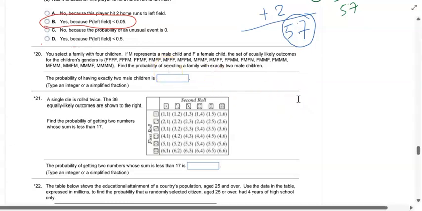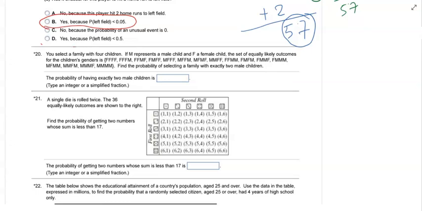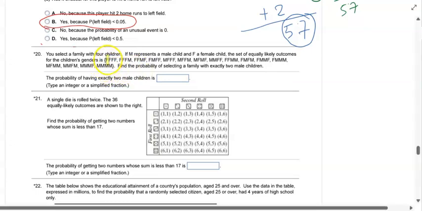Let me finish that for you guys. Exactly 2 male children out of how many outcomes? 16 here, because remember that it is 4 in each event. There are 16 total. Out of 16, exactly 2. How many have exactly 2 male? Let's find it. Here, here, here, here.